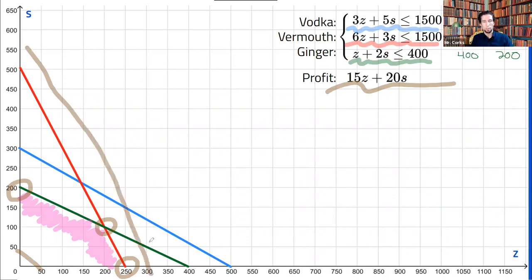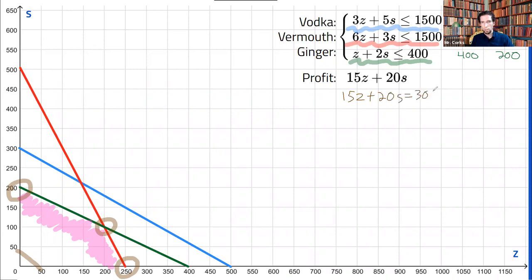Maybe it's like this and it's the bottom corner. So someone suggested the number 3,000. So let's do that. I'll write this below here. 15z plus 20s equals 3,000. If we do this, what will our intercepts be?